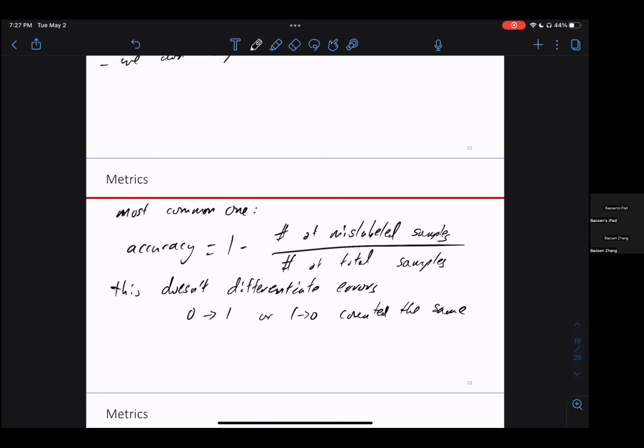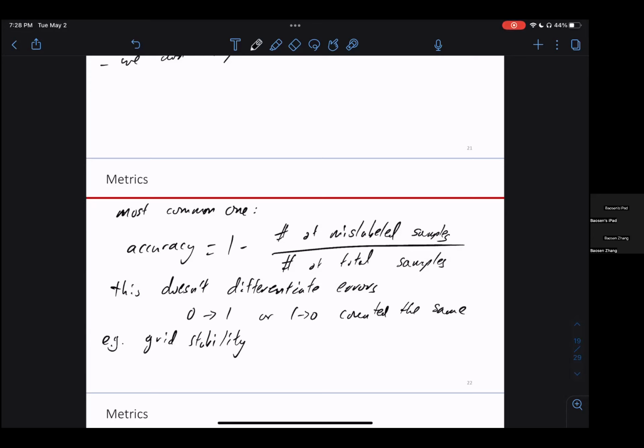Okay, so for example, in the grid, grid stability is often where data science is now used to detect whether the grid is stable or not. For this problem, which way the error goes matters, right? If the grid is not stable and you declare it is not stable, the operator will spend some effort on making the grid more stable.